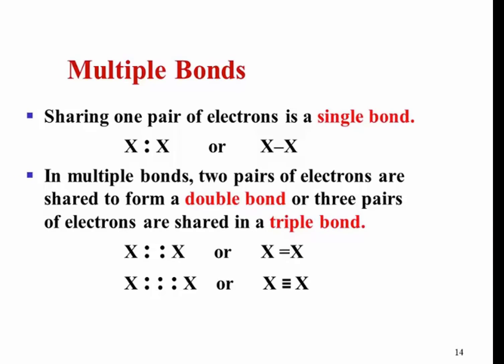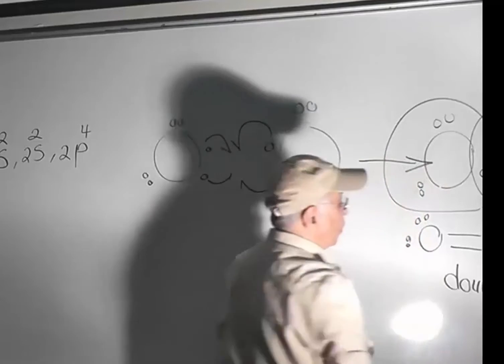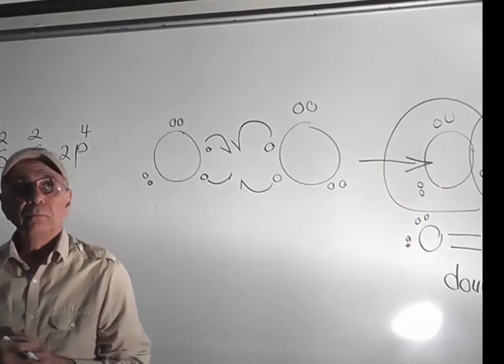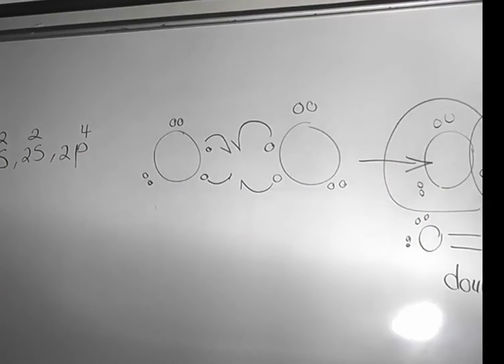So this is suggesting that oxygen should be a diatomic molecule and there is a double bond. So a covalent bond could be a single bond or a double bond. Atoms do that to become happy.